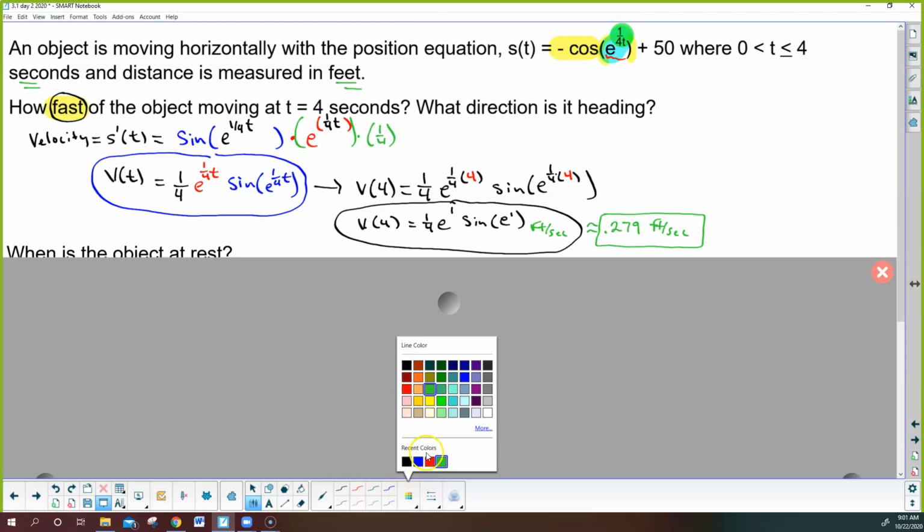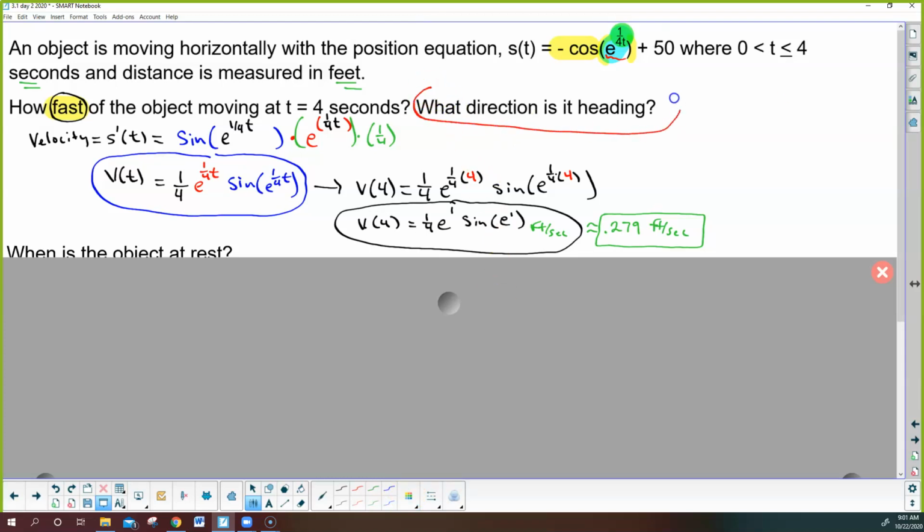So now you have to answer this question. What direction is it headed? And why? Well, the direction is based off of the fact that it's a positive velocity. So the object is moving forward, or you could even say to the right because it's positive.